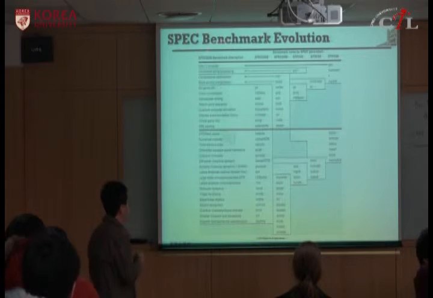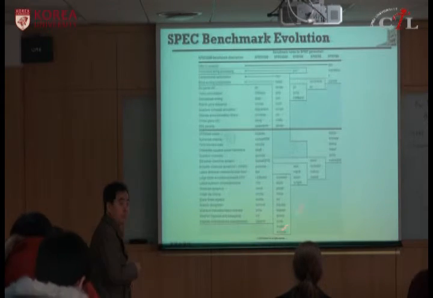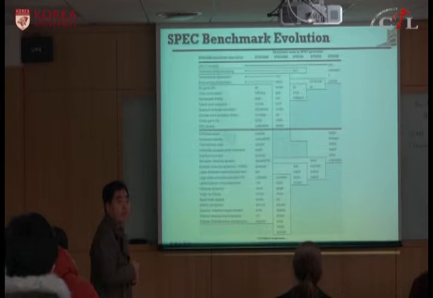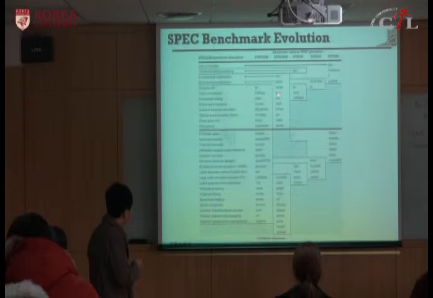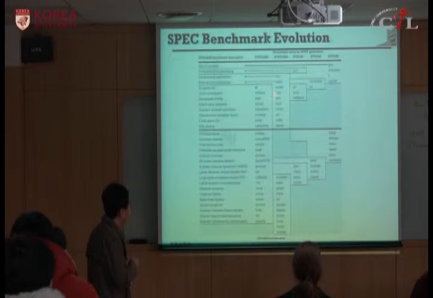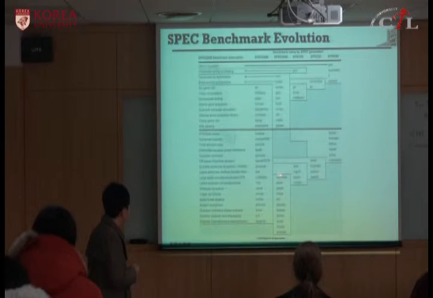Okay, this is for PCs, this is for servers and mainframes. Okay, and some applications like gzip have been removed and replaced by these new ones. And some of them are still lasting in 2006. Okay, and this has been replaced by these. So these are all new ones, right?